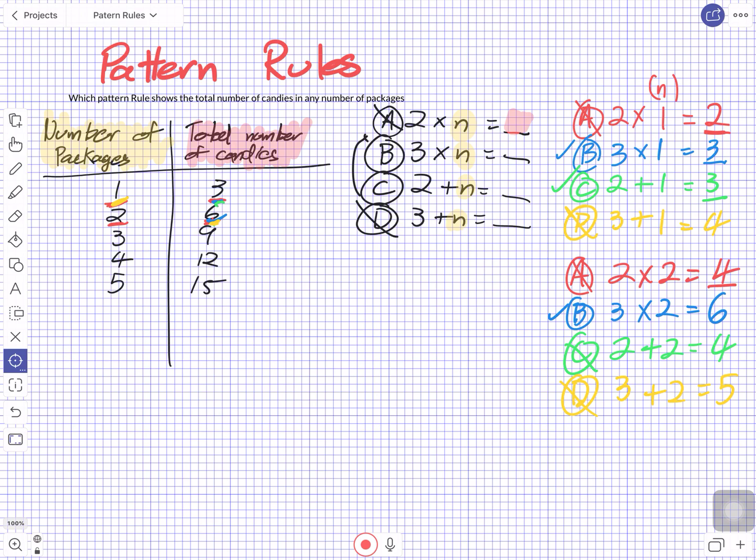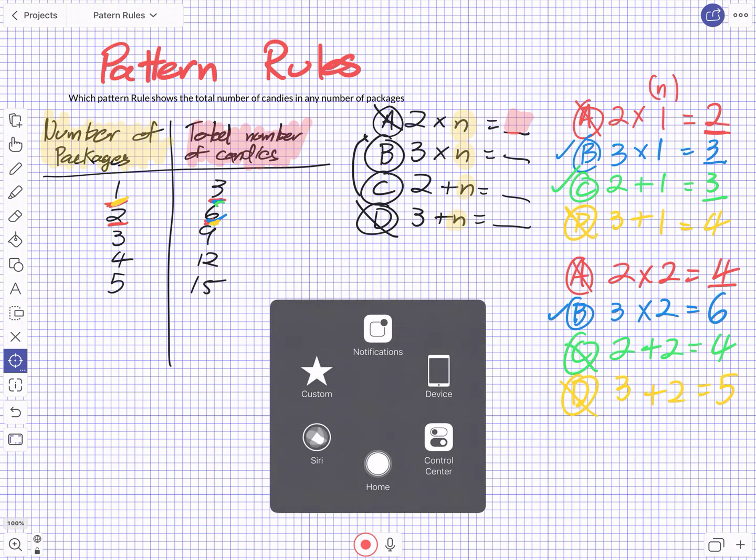So if we're going to test term 5, we would substitute 5 in for N, and then we carry out the equation: 2 times 5, 3 times 5, 2 plus 5, 3 plus 5. And we figure out our answers to get the actual value. What's the value of the number? Okay, does that make sense? Yeah. Okay, great. Let's stop.